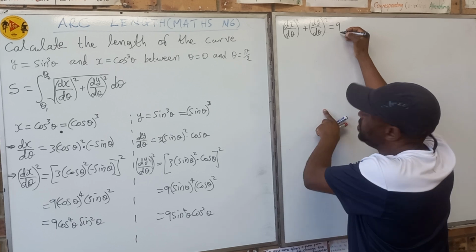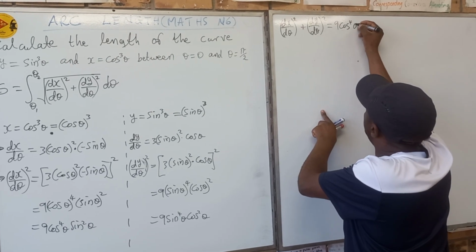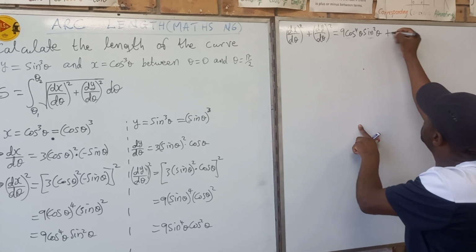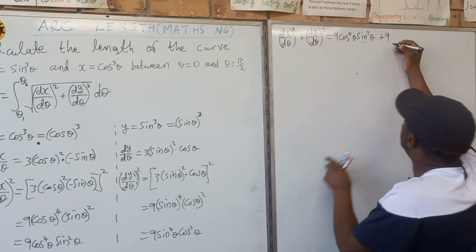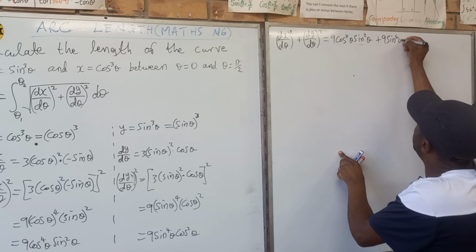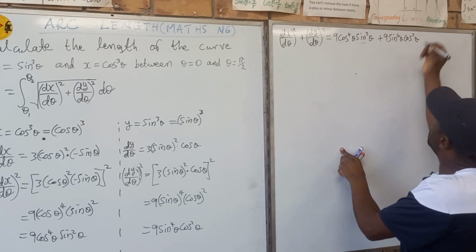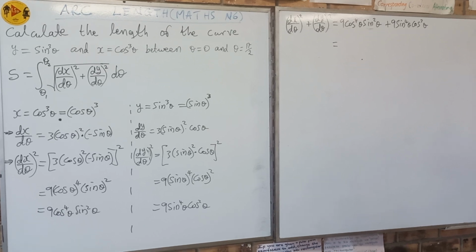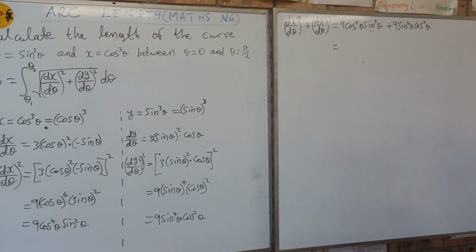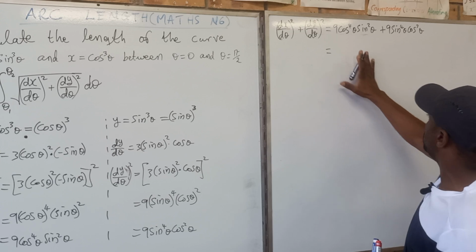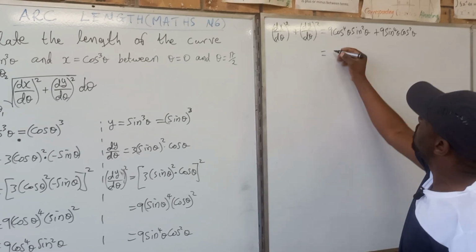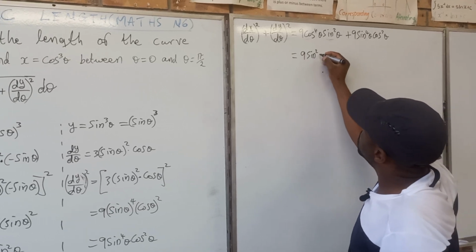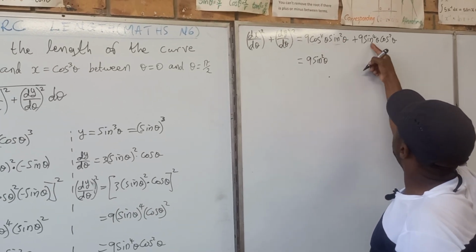So you have 9 cos to the power 4 theta sine squared theta, plus 9 sine to the power 4 theta cos squared theta. Looking at those two, there must be a common factor. Whenever your problem is defined parametrically, the nice thing is that at this stage, you must end up with a common factor. So I see 9 to be common. I see sine squared theta, because sine squared is here and there.